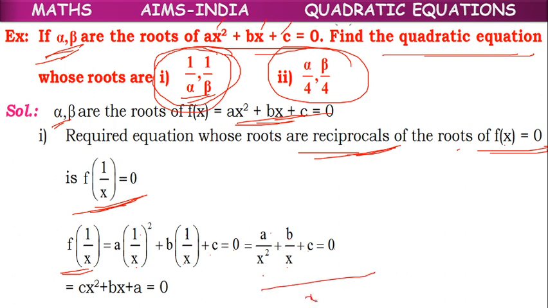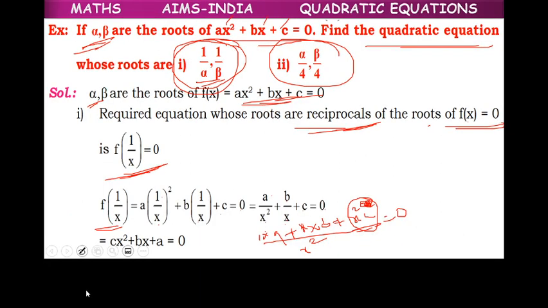Means a by x square, b by x, plus c equal to 0. What is the LCM here? X square. So a plus b into x, plus x square into c equals to 0.